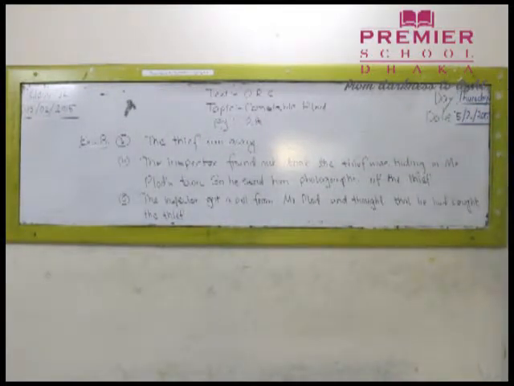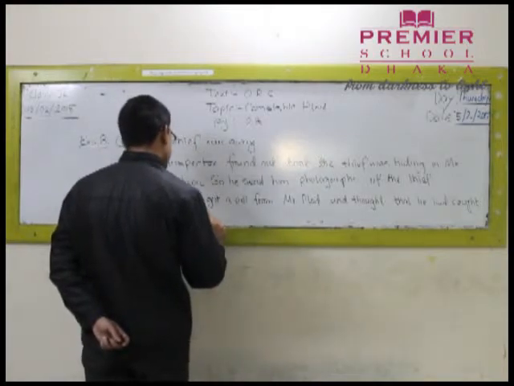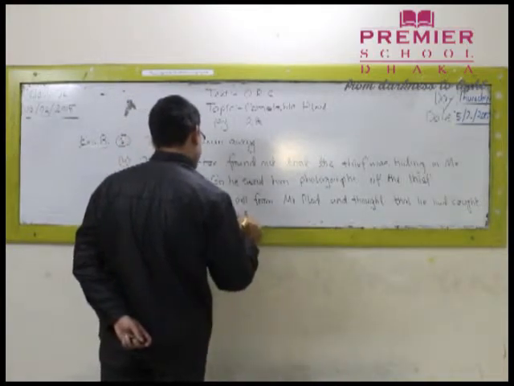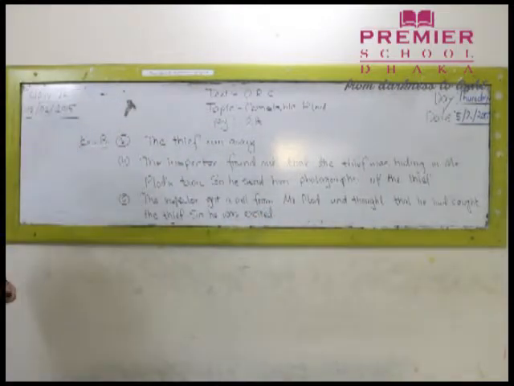The inspector got a call from Mr. Plod and thought that he had caught the thief. So he was excited. There you go. That's the answer for 5.